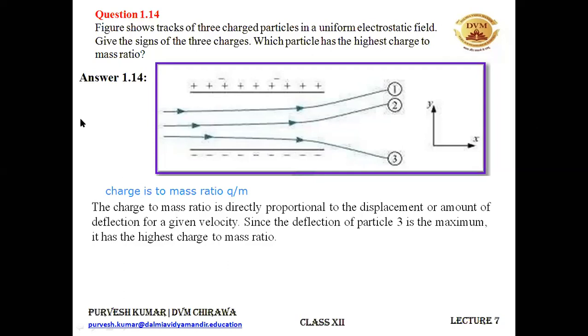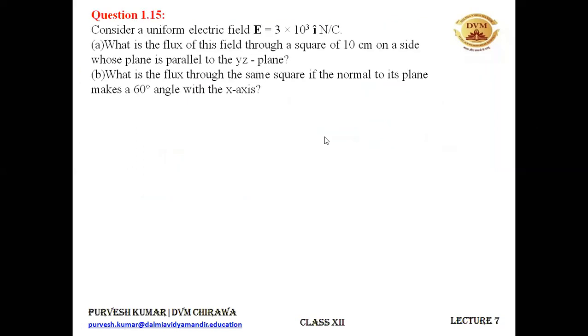Now let's discuss problem 1.15. Problem 1.15 says that a uniform electric field E is equal to 3 into 10 to the power 3 i cap Newton per Coulomb.